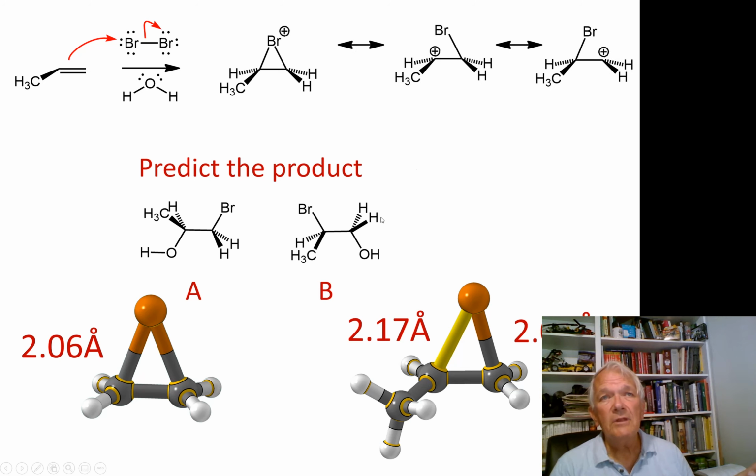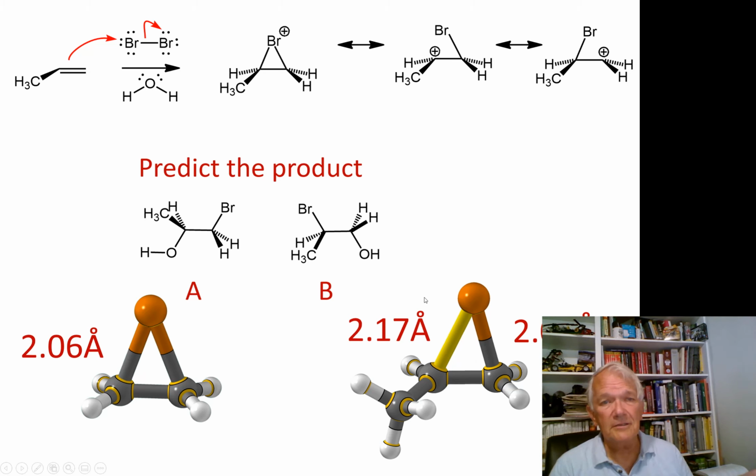Another way of looking at this in terms of resonance is that we can draw two possible resonance structures of this bromonium ion, one with a positive charge on this carbon, one on this one. And of course, the rules of carbocation stability tell you that this resonance structure is a better contributor, meaning that indeed you should get a triangle which is no longer symmetric.